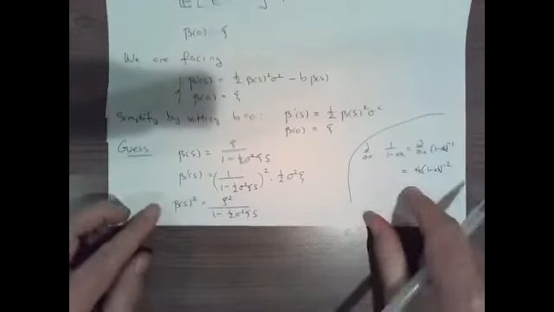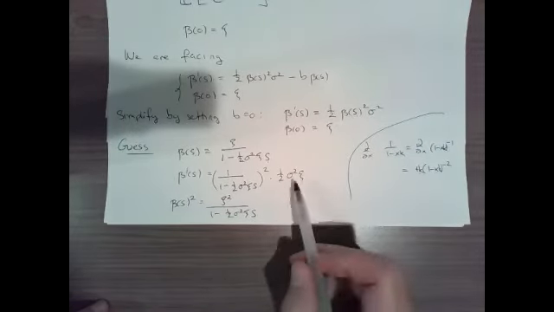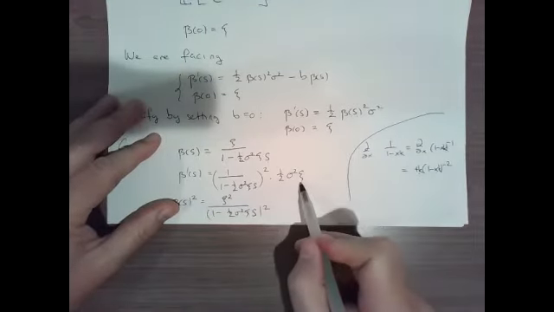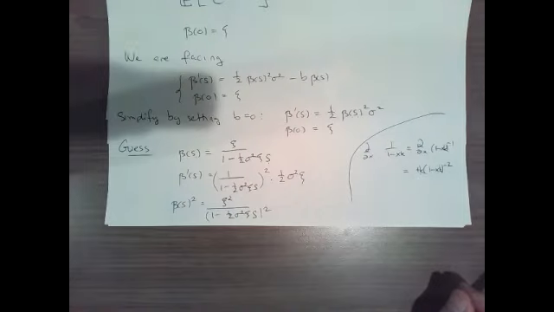Wait, shouldn't the denominator be squared too? Yeah, the denominator squared too. Looks like I'm missing a psi somewhere. Where is the psi missing from?